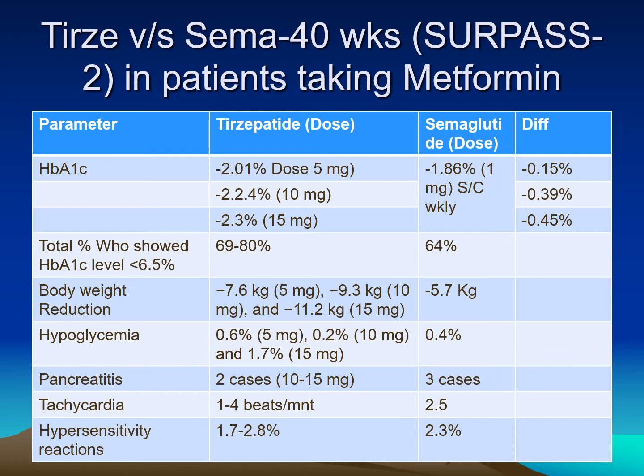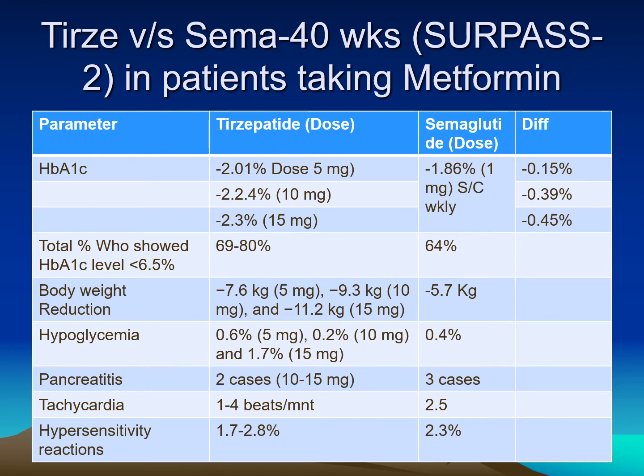If you compare tirzepatide versus semaglutide in the 40 weeks SURPASS-2 trial, it shows that reduction of hemoglobin A1C was much more with tirzepatide as compared to semaglutide, and body weight reduction was also much more, that is 7.4 kg with 5 mg and up to 9 kg with 10 mg as compared to 5.7 kg with semaglutide.